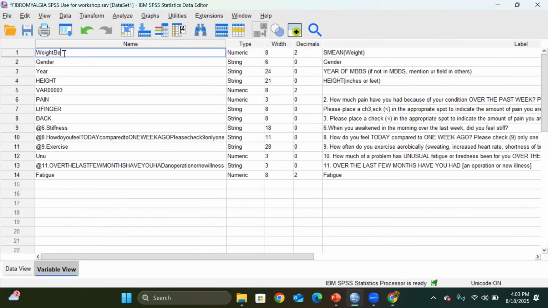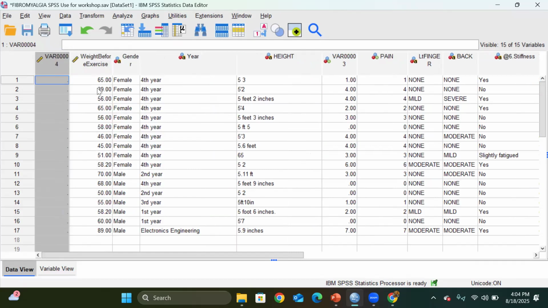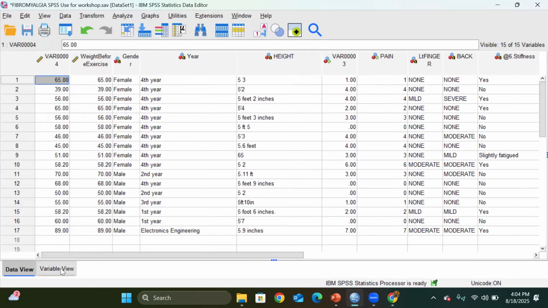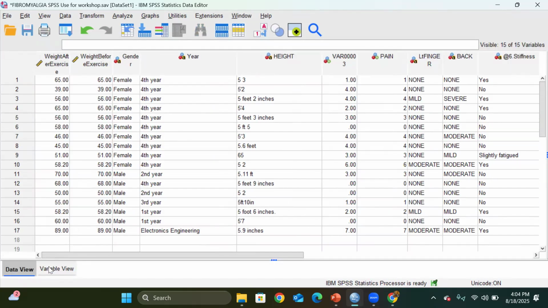We make another variable of the same sort, and we make this the weight after exercise. Sometimes even when you are conducting a clinical audit, you have to use this: what was the intervention, what were the levels before and what were the levels after.